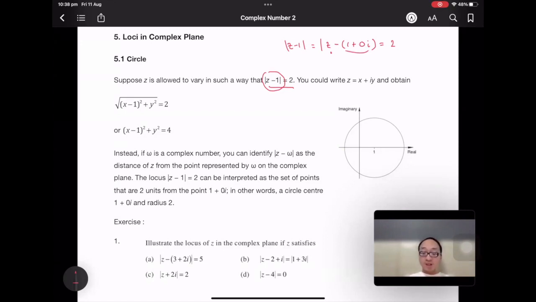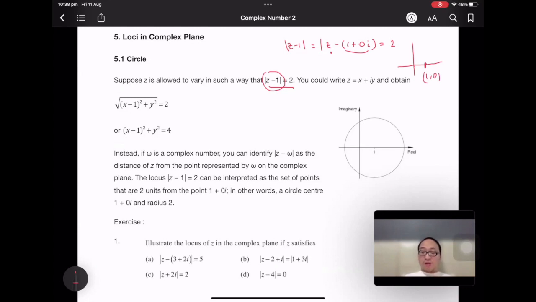So if we draw in the Argand diagram, this will be the distance between z and the coordinate of 1, 0.